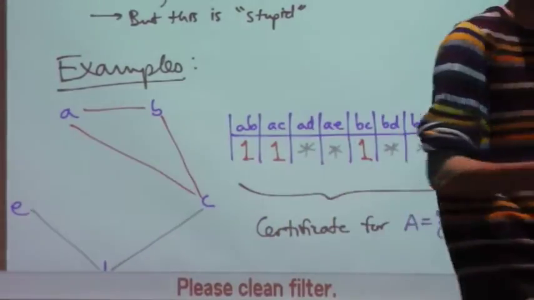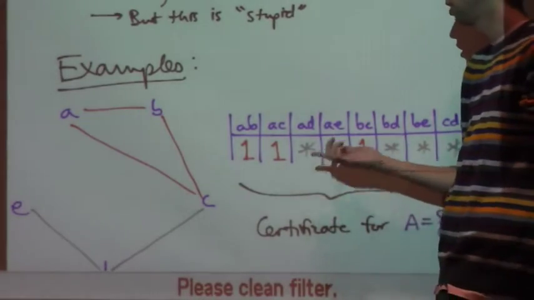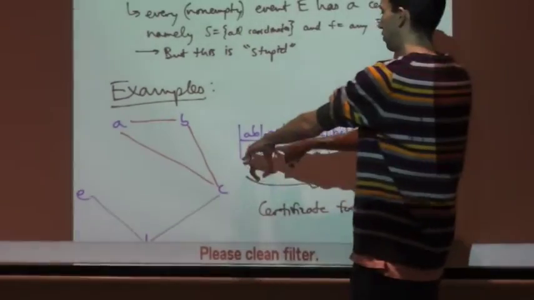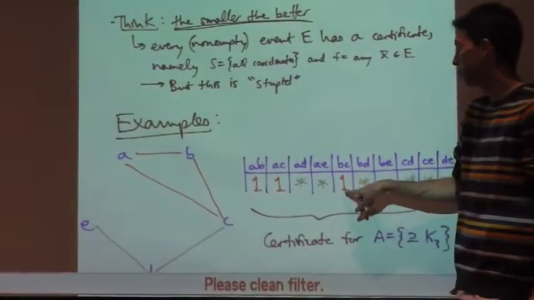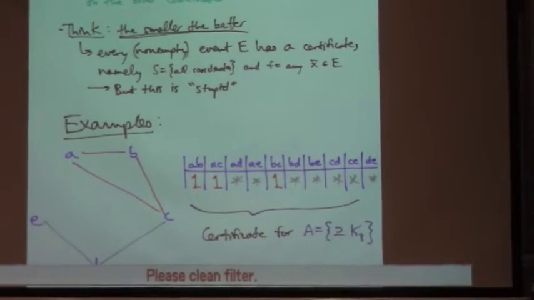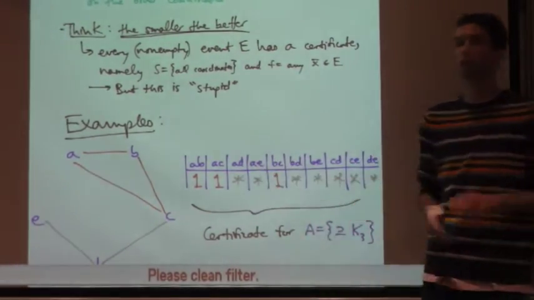If you want to be sure that G(n,p) contains a triangle, you don't have to look at every single coordinate. All you have to do to convince me is show me a triangle. In particular, these coordinates AB, AC, and BC, you show me that I got ones there, then no matter what happens elsewhere, I know I'm in the event.